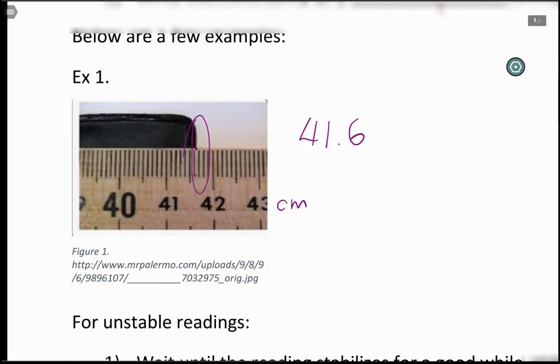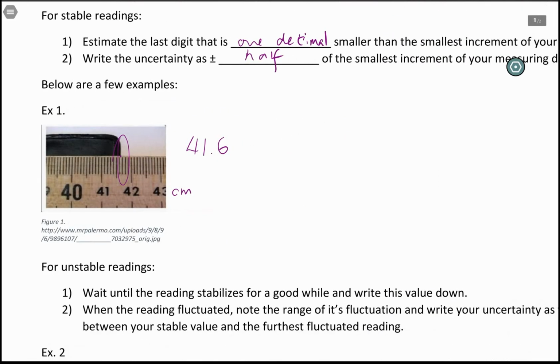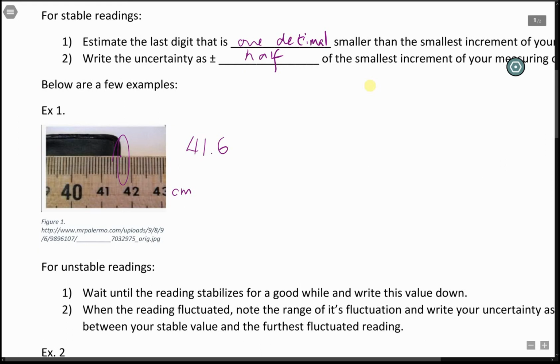That digit we see there is 1 decimal smaller than the smallest increment. I'm going to estimate that is 41.62 centimeters. In this particular ruler, the smallest increment was in millimeters. So 1 decimal place smaller than that would be 1/10 of a millimeter, which is the 2 that we estimated.